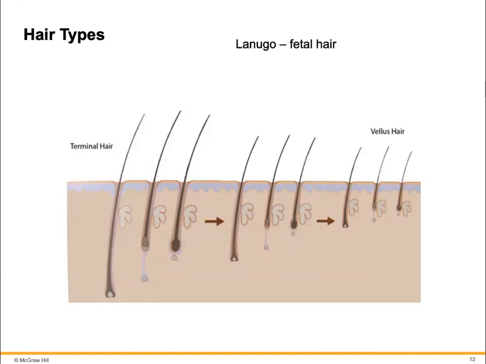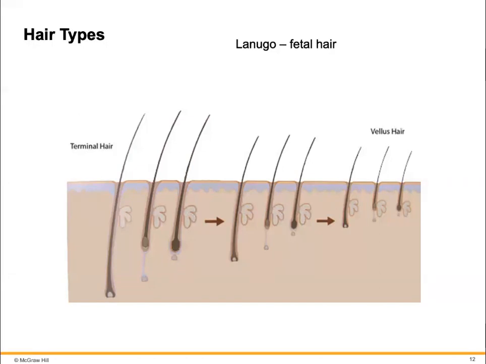Typically, it's this really fine and downy, unpigmented hair that is present on the fetus. It shows up normally in the last 3 months of development when the fetus is in utero, and normally it sloughs off or falls out before birth.